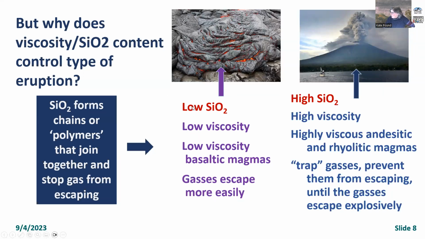Anyway, low silica, low viscosity, that's your basaltic magmas. Gases can escape more easily. In your high silica magmas, that's highly viscous, and that traps gases. And those gases can only escape explosively, producing these explosive eruptions.